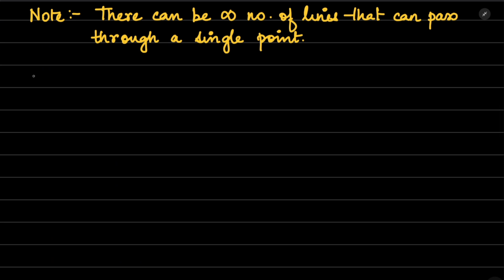Now the next is, what do you mean by angles? An angle is when you have two rays. This is one ray and this is another ray. What is a ray? A ray has one fixed point and the other is an extended point.